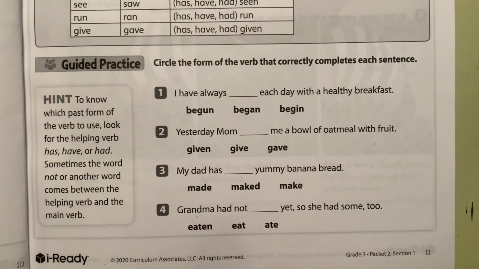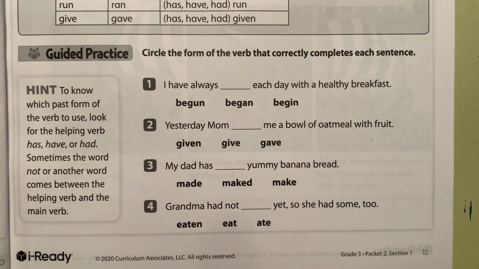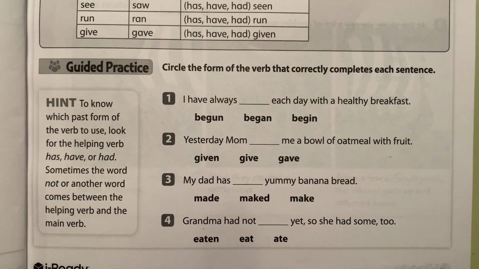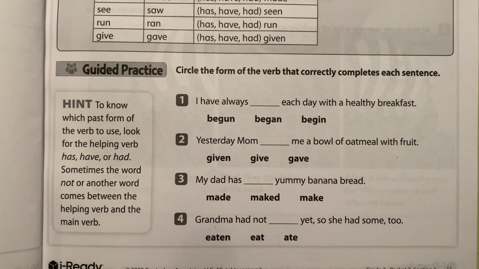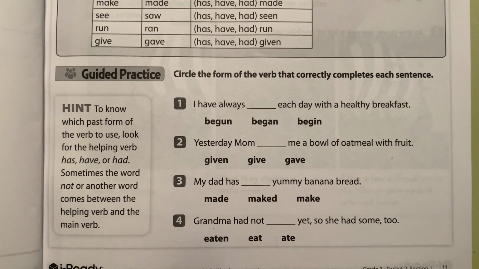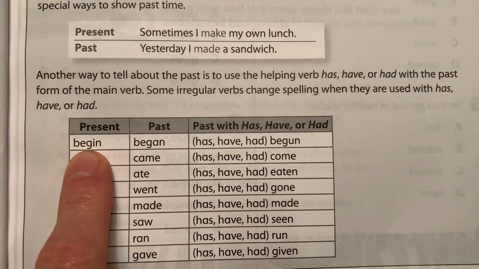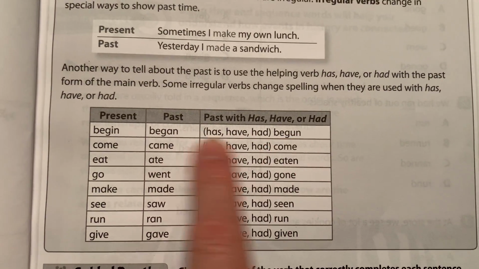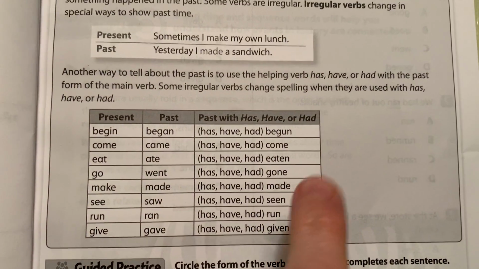So you circle the form of the verb that correctly completes each sentence. They give you this little hint to know which past form of the verb to use. Look for the helping verb has, have, or had. Sometimes the word not or another word comes between the helping verb and the main verb. So going back up to this list, let's just use begin again. If I want to use has not with the word begin, I would say has not begun.